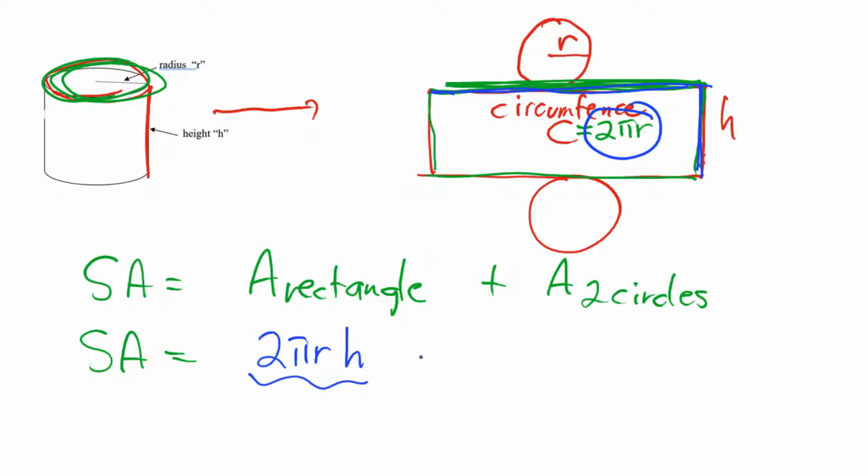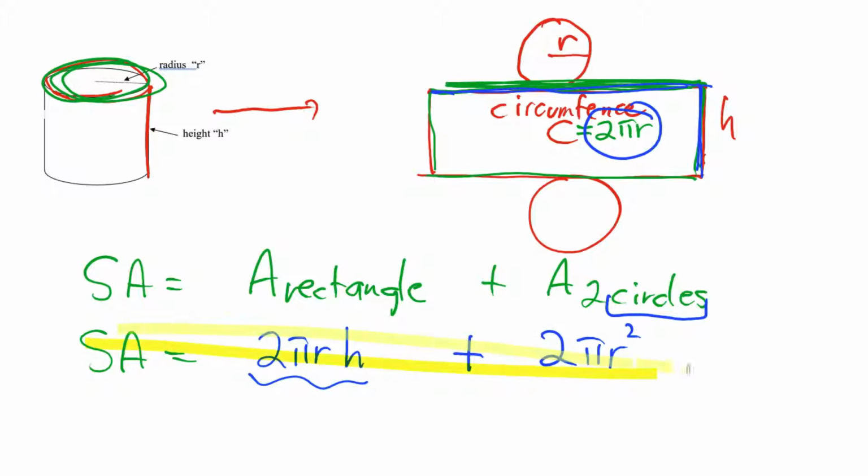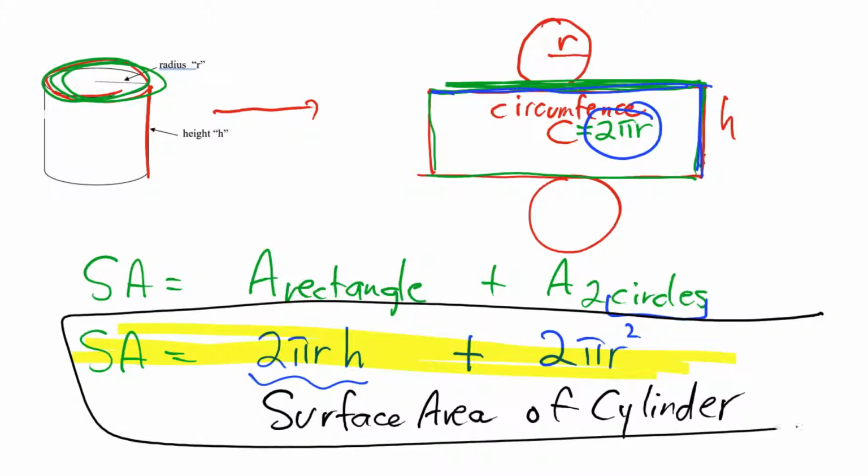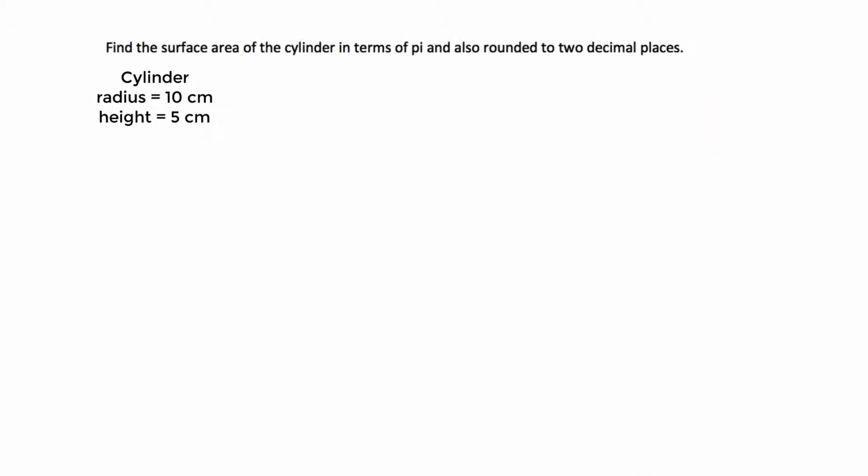This is the area of our rectangle. And a circle has an area, we know, of pi r squared. And since there are two of those, we multiply that by 2. And here is our important formula for the surface area formula of a cylinder.